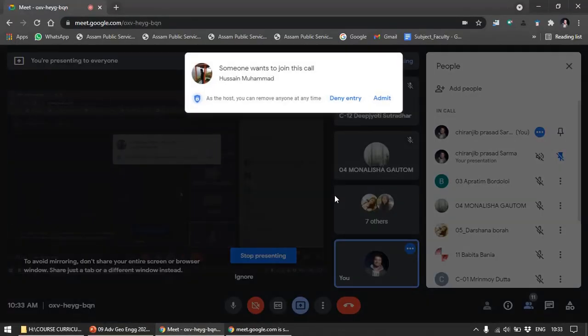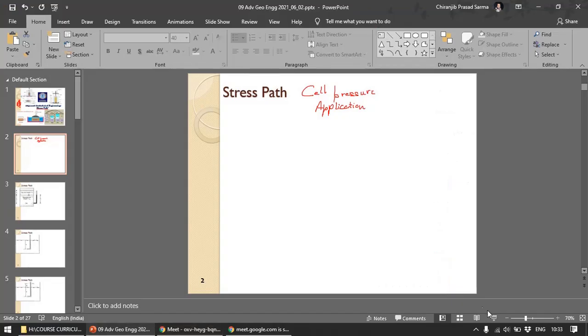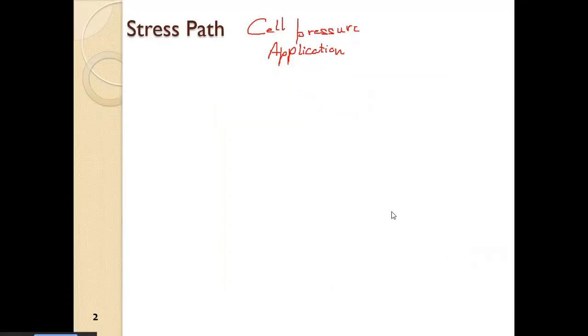So one is cell pressure application. Then the other is the deviator stress application.